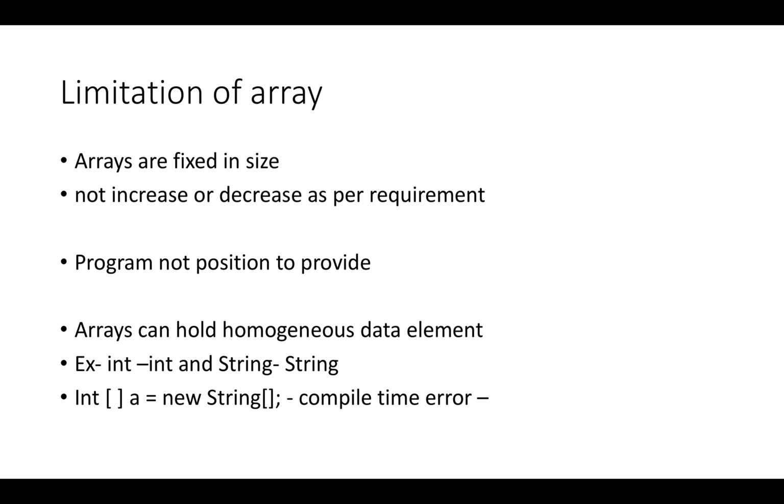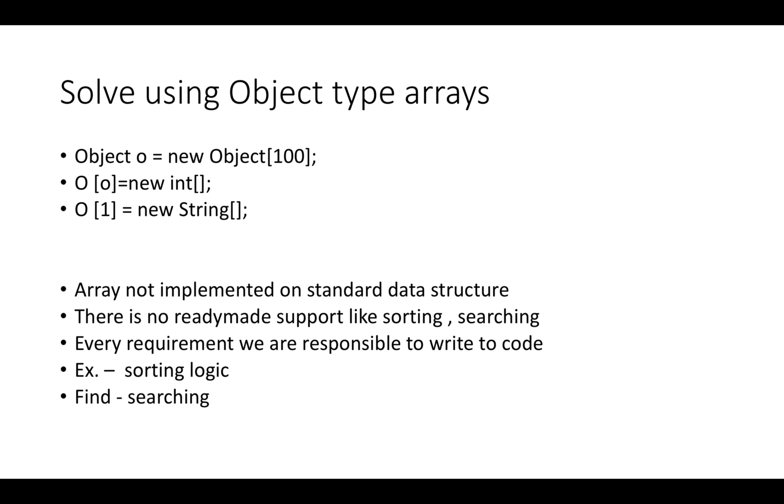If you define some specific size in an array, then you cannot increase or decrease the size of the array, and you can hold only homogeneous data. It means if you declare the integer data type, then you can only hold integer values. If you declare the string data type, you can only hold string values. So that's the main limitation of arrays.